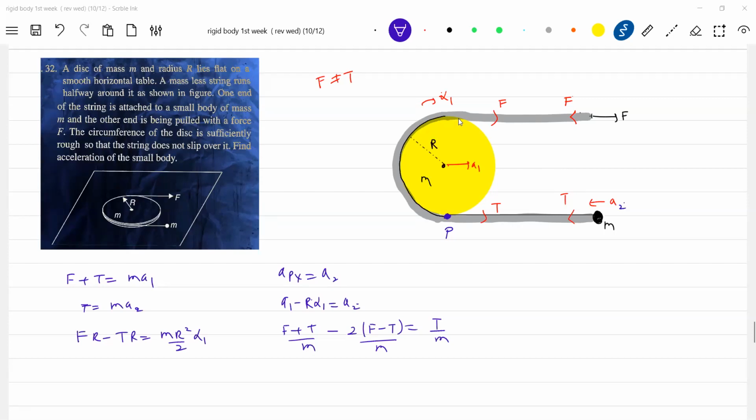R alpha 1 minus A1. Let me just think once about the constraint equation. Acceleration of P_x is towards left, no? So towards left means R alpha 1. Okay, yeah. Let me rewrite.